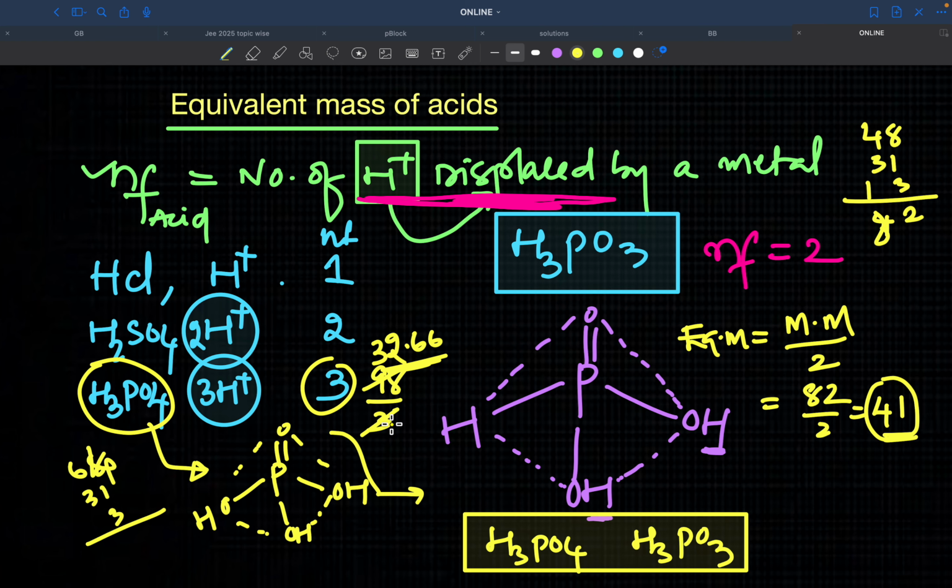Therefore 98 divided by 3 gives you 32.66. That's why H3PO4 has less equivalent mass compared to H3PO3. Understood? Most of the time, if they ask about an acid, they may ask about H3PO3. Whatever else they ask, you can do it.